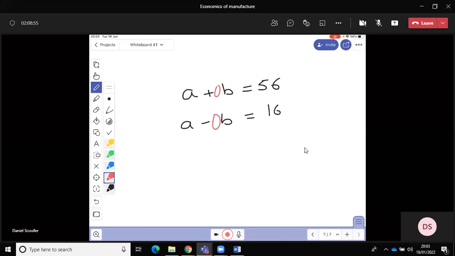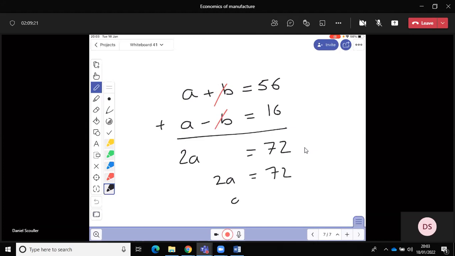The numbers in front of the second term are the same, so we can just add the first expression and the second expression, giving ourselves 2A, and the Bs cancel out. 2A equals 72. Just tidying that up a wee bit, A would be 36.